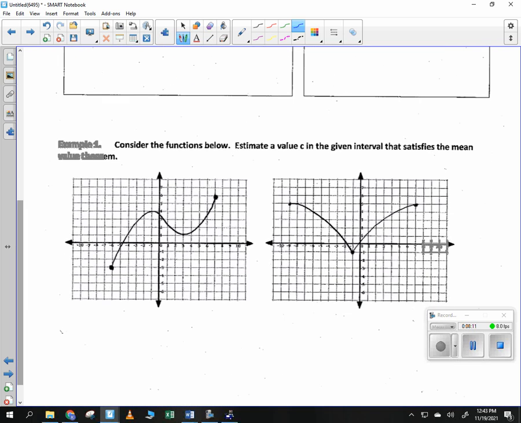Okay. So the first part, let the function be continuous and differentiable. Does that satisfy this? Then there must be a value C in the interval. So that means there must be some C between this spot of A and this spot of B. Do you remember what it said? A value C such that? Remember what we said?